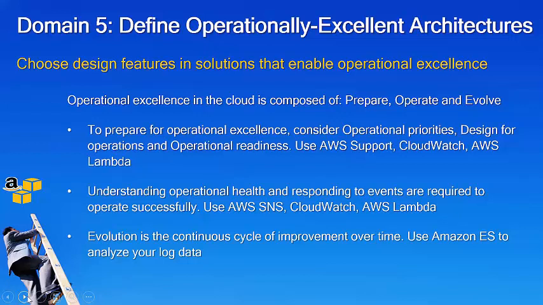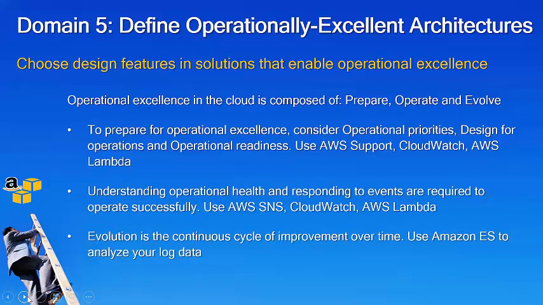To prepare for operational excellence, you have to understand your workload and its expected behaviors. Also, you need to consider operational priorities, design for operations, and operational readiness. The key AWS service that supports defining your operational priorities is AWS Support.